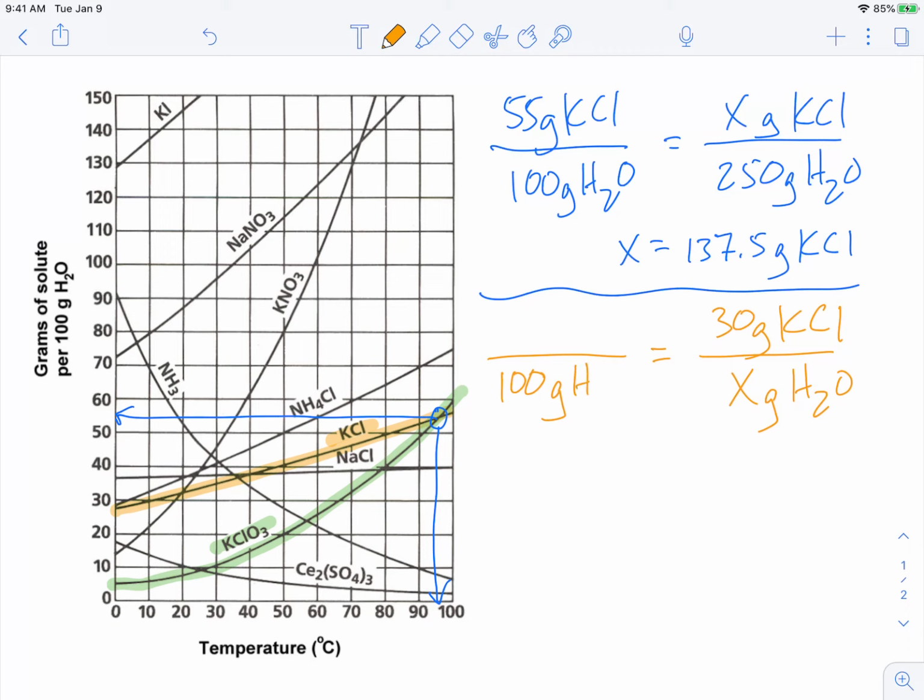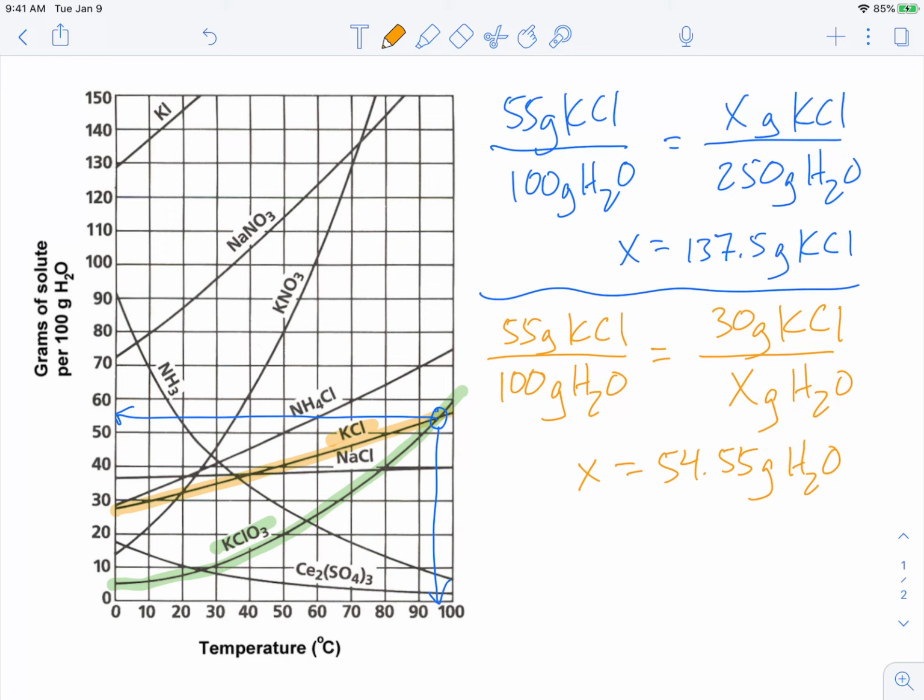If I had 100 grams of water, I could dissolve 55 grams of KCl. Since I have less KCl I need to dissolve, I should need less water. So when we cross multiply and divide here, 30 times 100 divided by 55, we get around 54.55 grams of water that you would need to make a saturated solution.